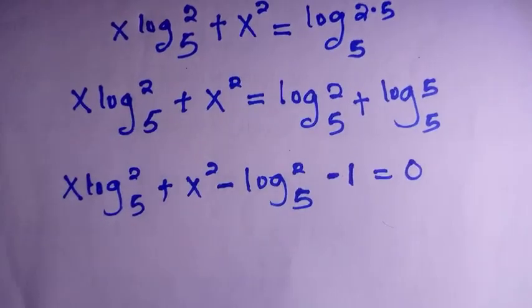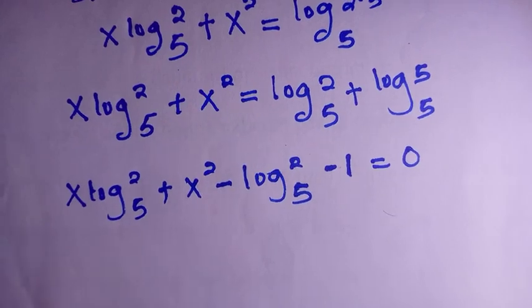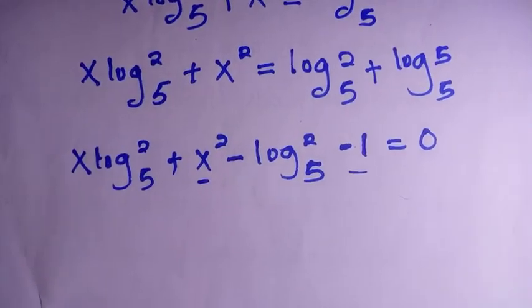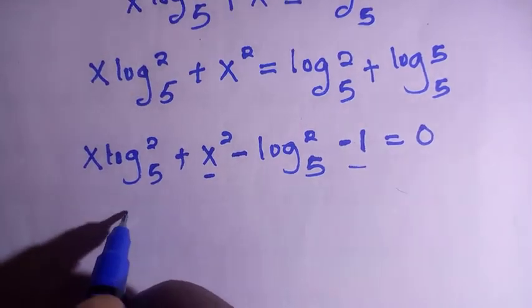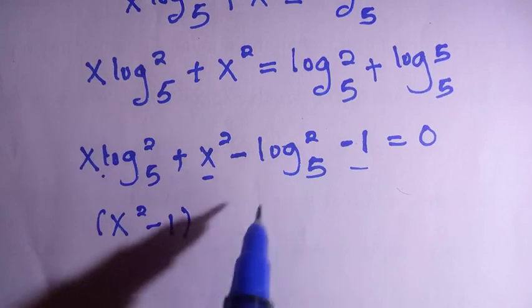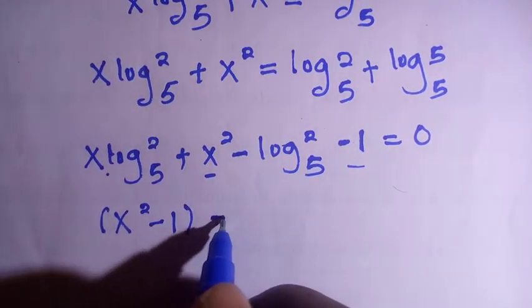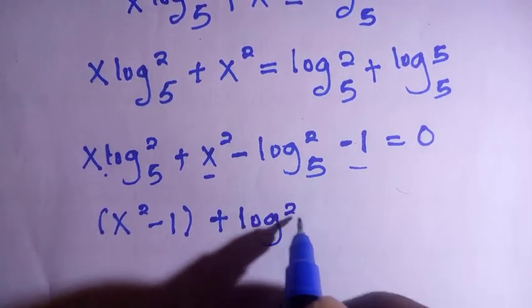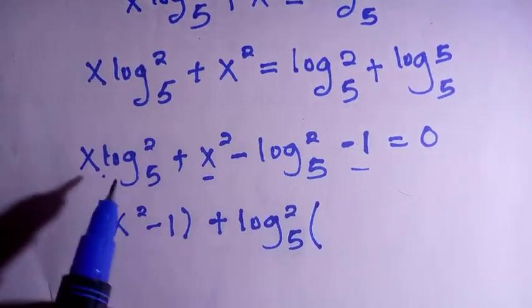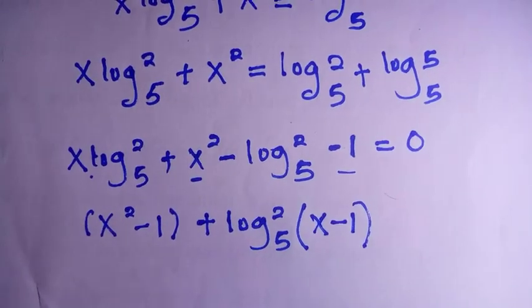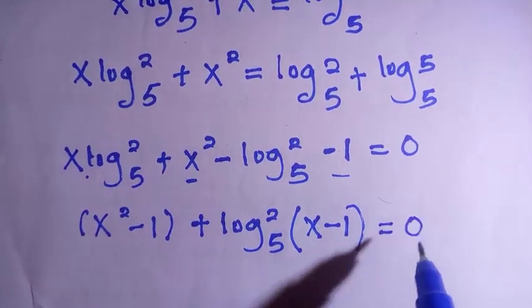Looking at this, if you combine x squared and minus 1 together, we have x squared minus 1, and we bracket this. And x log 2 base 5 minus log 2 base 5, we also combine these two, so we have log 2 base 5 and x minus 1. I factorized this out, then everything equals 0.